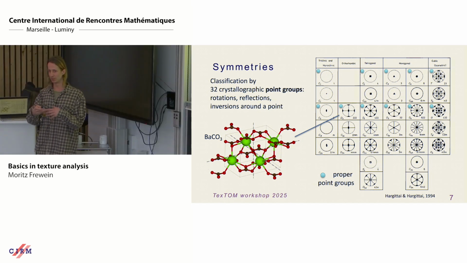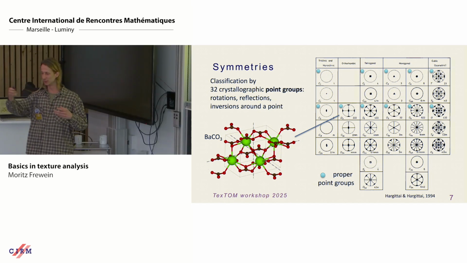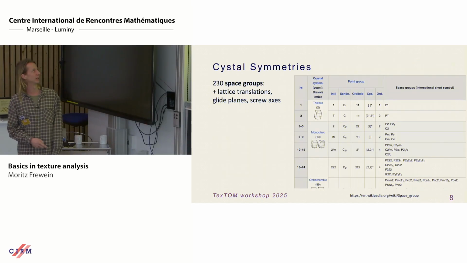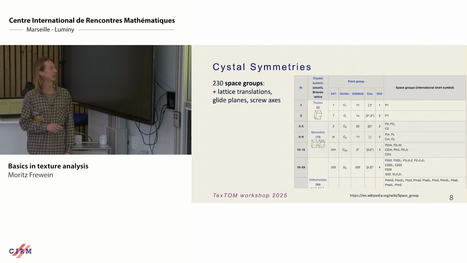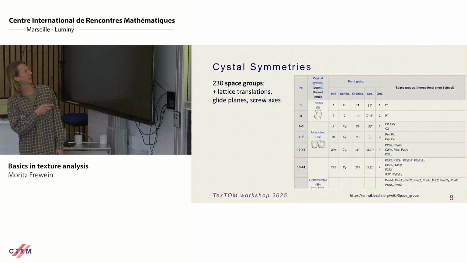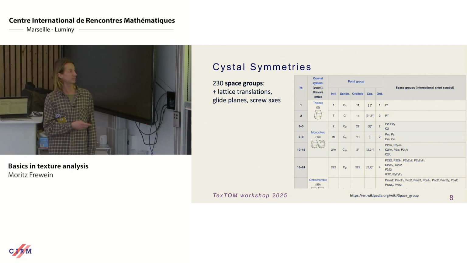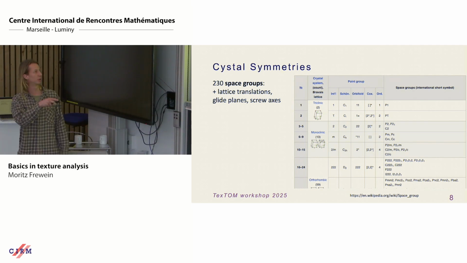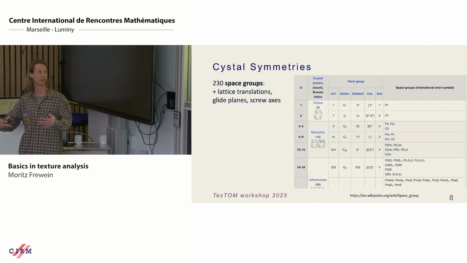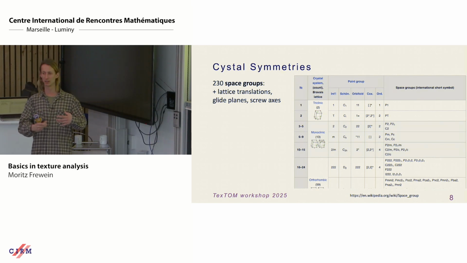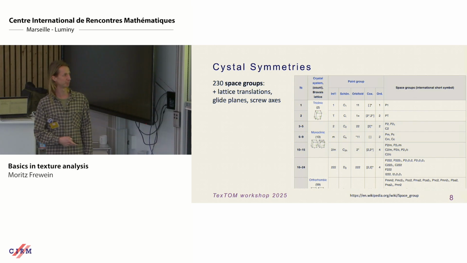Then, of course, this unit cell is repeated in space, so there's another classification by the so-called space group, where we add lattice translations and other more macroscopic properties, because depending on the point group, you can see that for some of them, there's more space groups, so there's different ways to arrange the unit cell in space while keeping the same symmetry as defined by the point group.